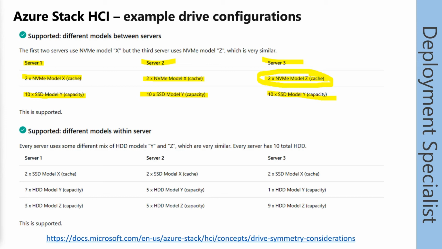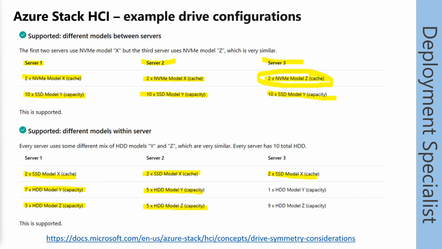You shouldn't design a solution like this if you implement it new from scratch at the customer side. What's also possible is that we, for example, have cache drives in each server, 2 SSDs, and we have 10 hard disk drives in each server, but a different mix. In the first server, we have 7 from the one type, 3 from the other type.